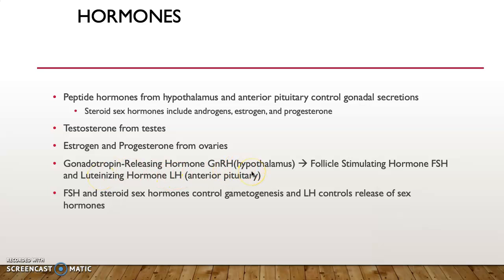This is released from the hypothalamus, which then stimulates the anterior pituitary to release FSH and LH, the follicle stimulating hormone and the luteinizing hormone. FSH and the steroid sex hormones both act on the gonads and control gametogenesis, whereas luteinizing hormone acts on the endocrine cells and controls the release of sex hormones.